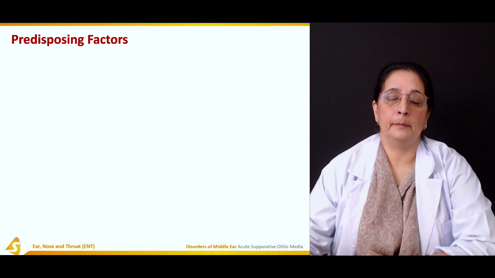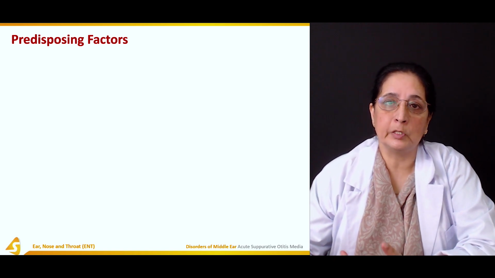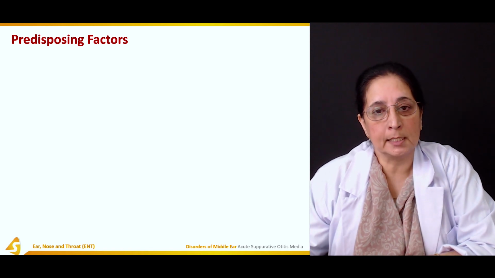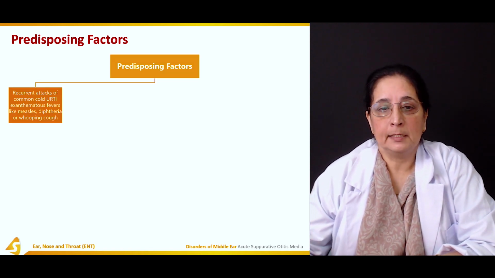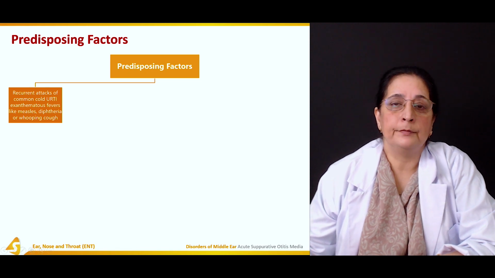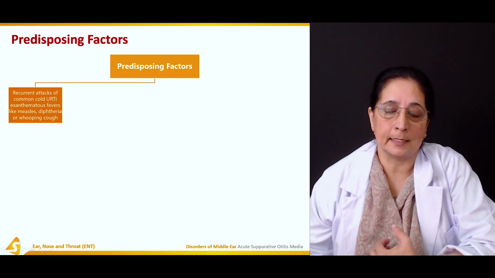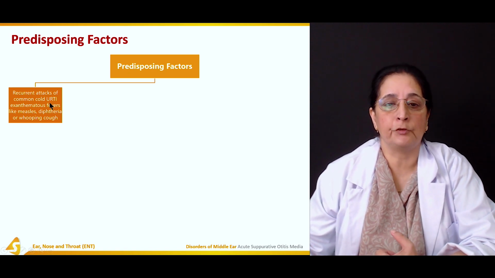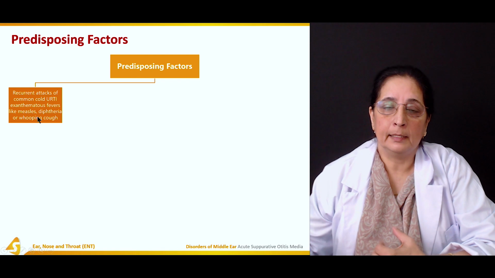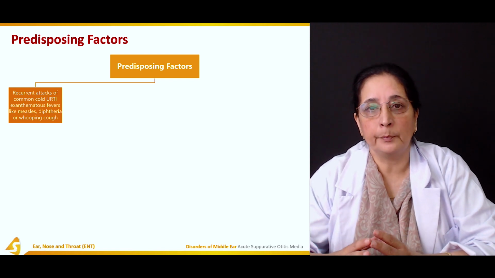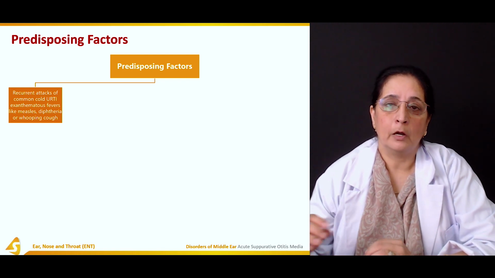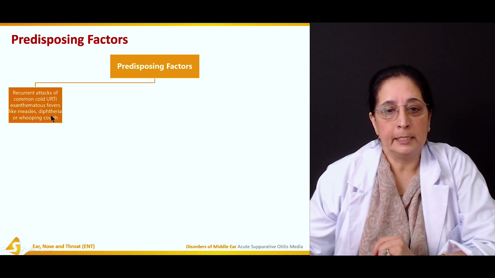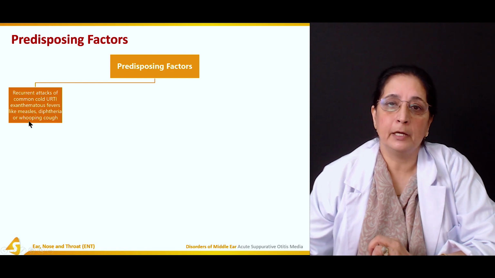Then, what are the different predisposing factors that can lead to suppurative otitis media? One is recurrent attacks of upper respiratory tract infection. This can lead to suppurative otitis media, as can diseases like measles, diphtheria, or whooping cough.